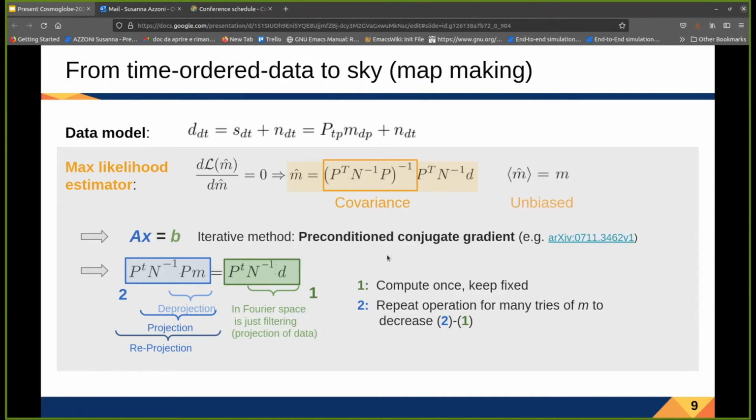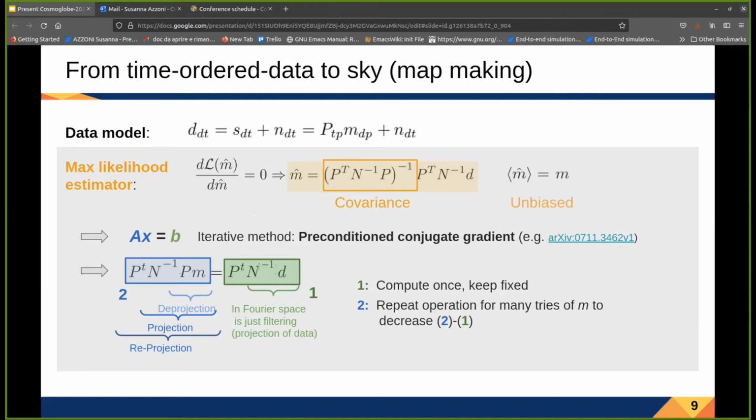So we solve the linear system iteratively by means of a conjugate gradient method to invert this equation without ever explicitly building this matrix. In other words, this matrix can be seen as an operator, and so we can avoid constructing it explicitly. P projects the pixel values into time-ordered samples, the inverse noise performs inverse variance weighting of the data, and then the transpose of P projects the data back onto the map.